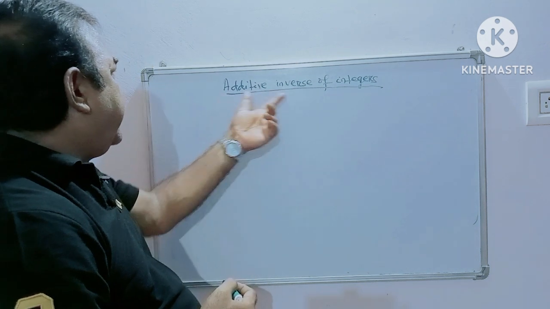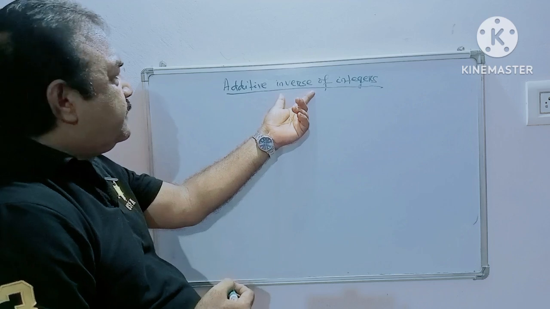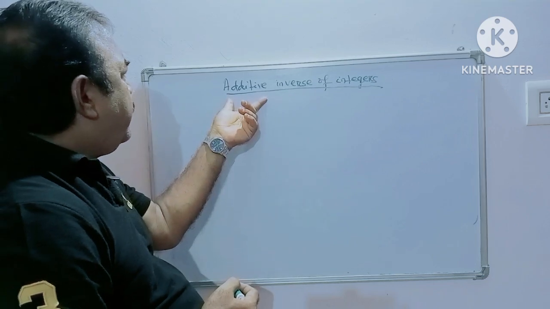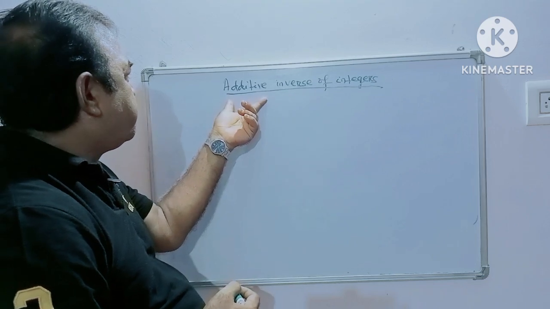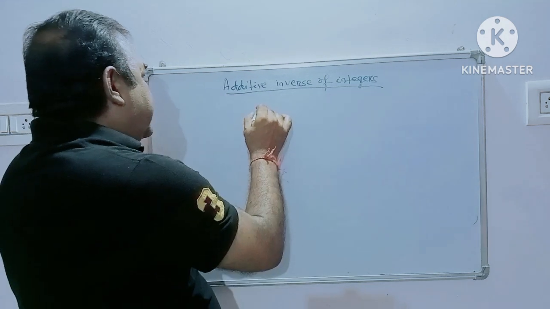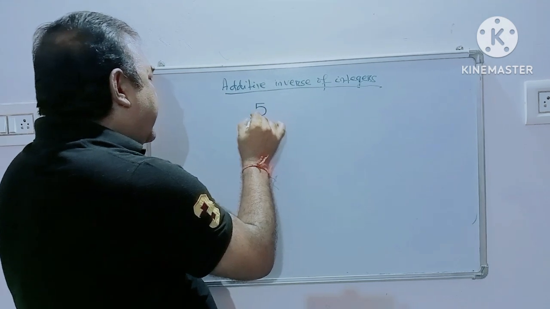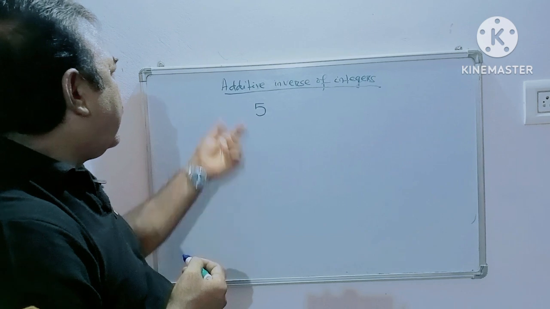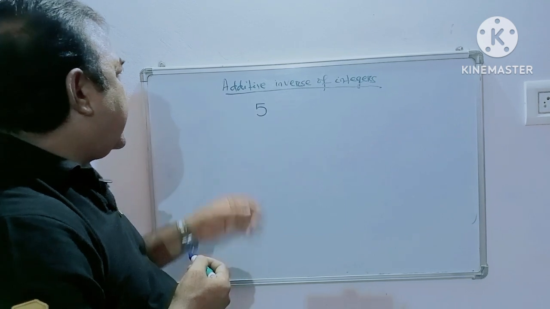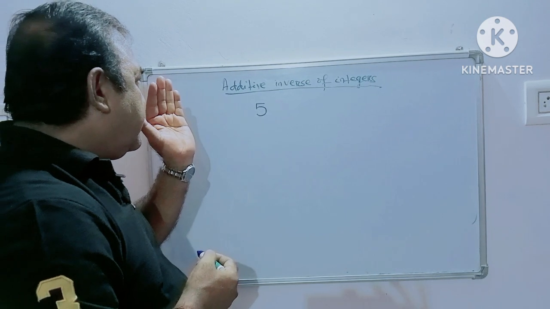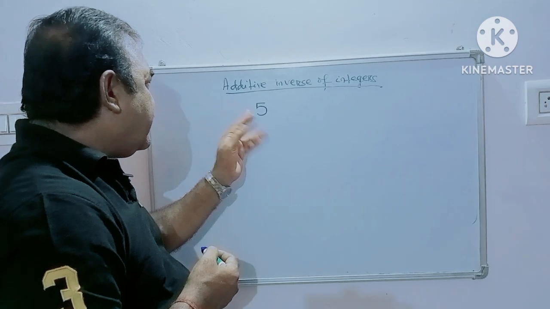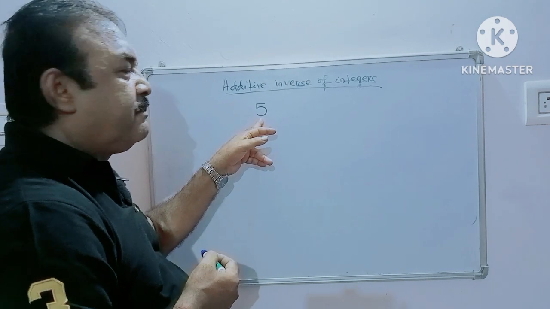So what is the additive inverse of 5? Now just you multiply minus 1 by that integer. So for 5, the additive inverse is 5 into minus 1, that is equal to minus 5. Bring that minus 5. You add, and the result is 0. The sum is 0.